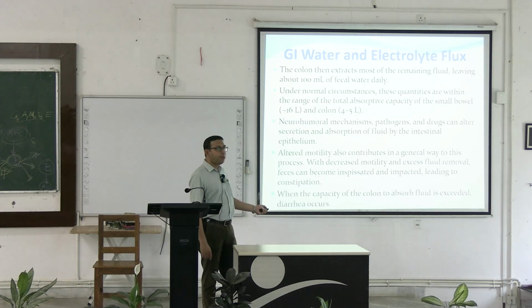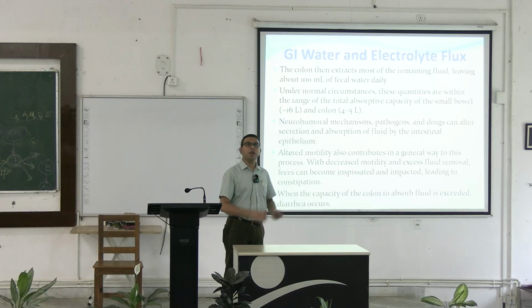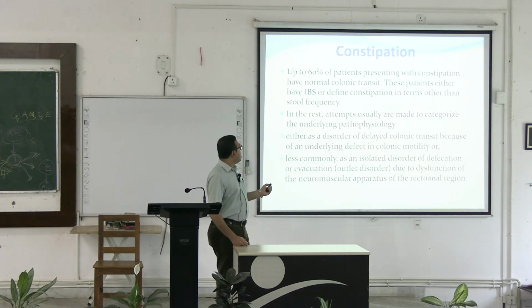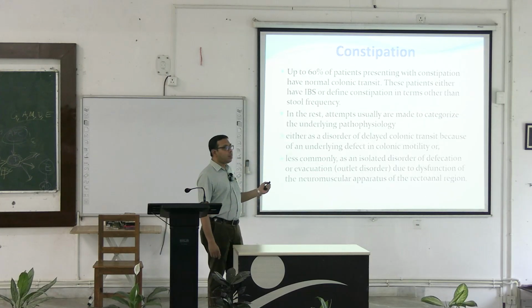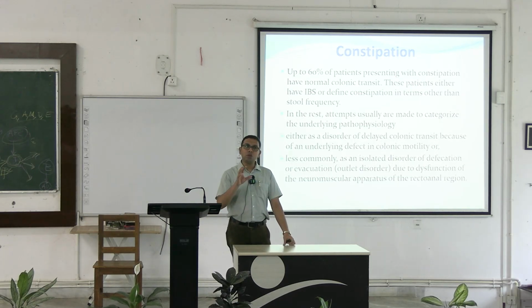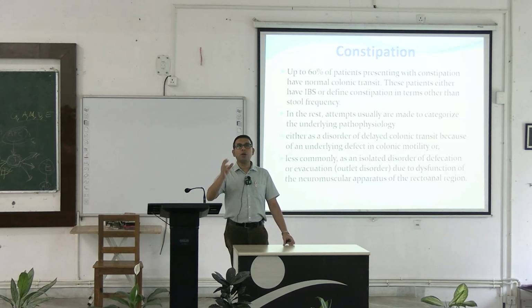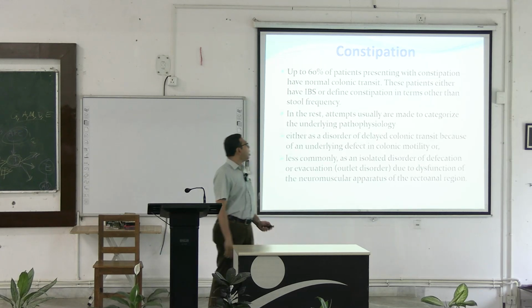So when the capacity of the colon to absorb fluid is exceeded, diarrhea occurs. That is just the opposite side of the constipation. So approximately 60% of the persons with constipation have normal colonic transit. So colonic transit is normal, but there are problems in the secretion as well as the absorption of the colonic fluid. That leads to constipation in 60% of the patients.